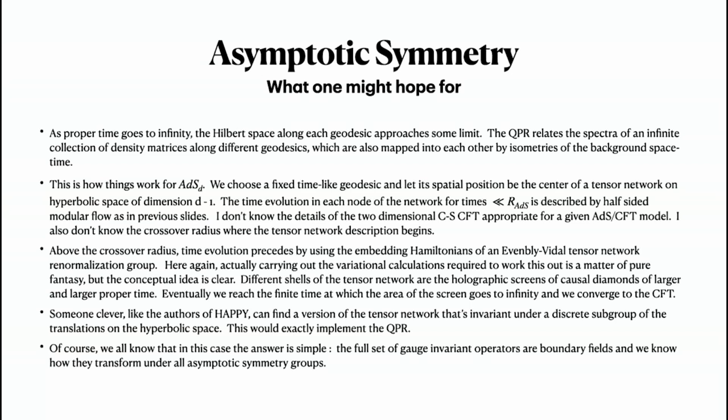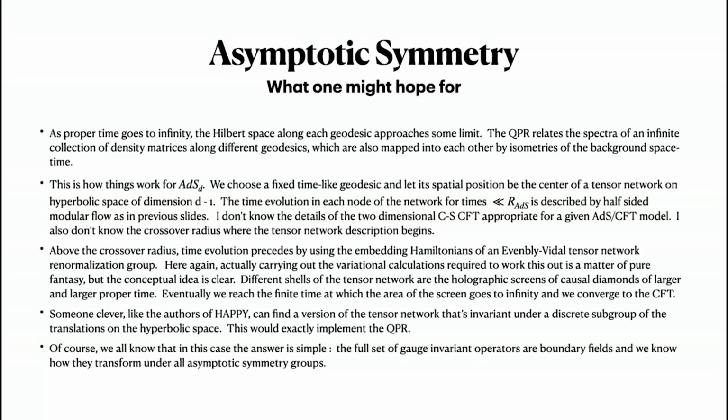So if I take a tensor network, you usually think of it as centered around a particular point in a space-like slice in hyperbolic space. That center point is the center of some time-like geodesic.